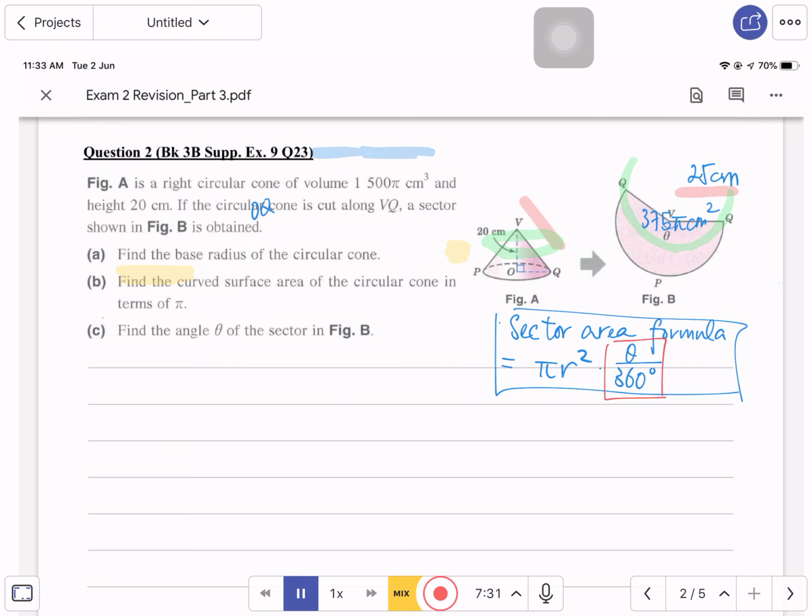We can imagine that it is originally the whole circle and we cut 360 pieces out of it, because the angle at the center is 360 degree, and then we get theta pieces, so we times back the proportion of the sector, theta over 360 degree.